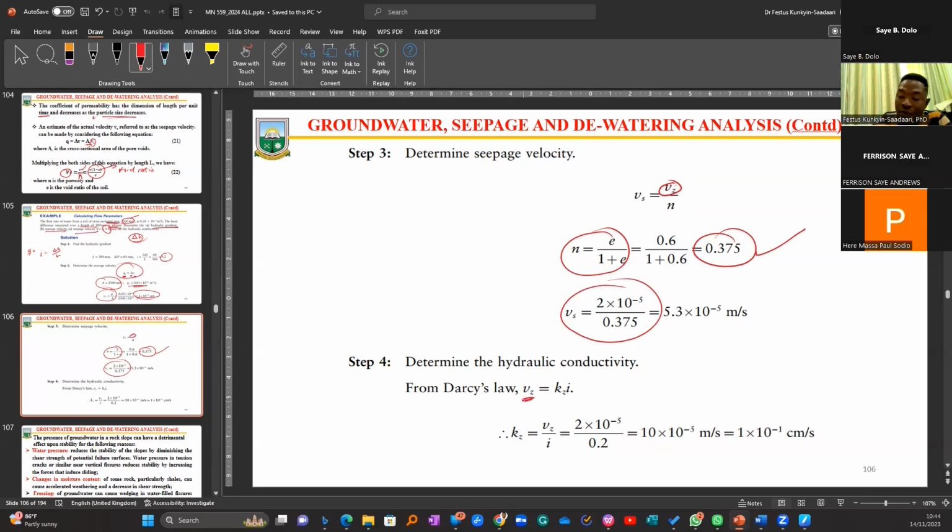So now you know your average velocity, you know your gradient from the initial computation. So you can only make K the subject of the equation. And that gives you this. So it means you should expect a flow of roughly 1 times 10 to the power 1 centimeters per second. And that is your permeability constant.